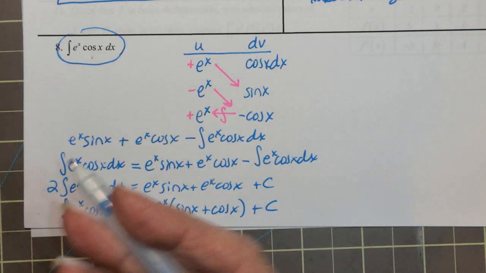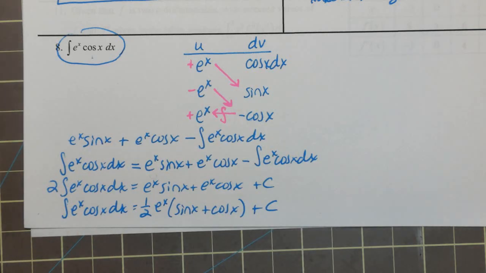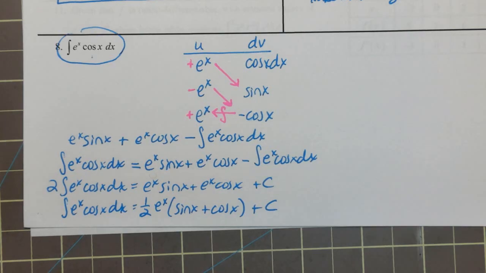But I know Calc 3 professors in general assume that you have seen that type of by parts problem. So that's why it is fair game for my unit test, and it is definitely fair game for the integration bee.